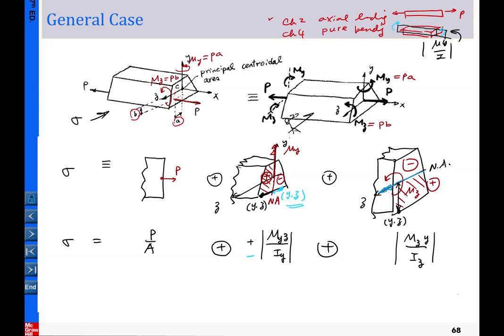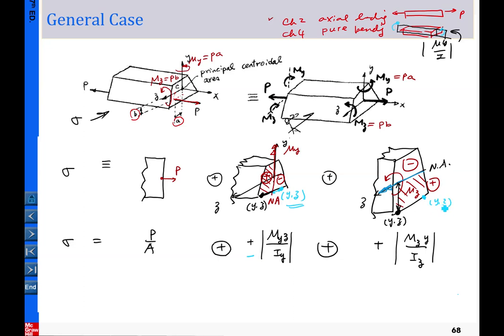Okay, so again we exercise for this point. If we're interested in this point, it is in tension. So with the magnitude, you put a sign to indicate that it's tensile stress. And again, if you want to calculate this point, the same as we exercised here, that is yz.